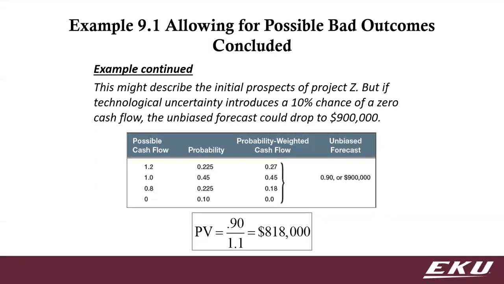Okay. And then what about if there's some chance that they just proportionately knocked it down? There's a 10% chance that they just can't get it done at all, and we get no dollars, right? We can put that in, and then with our unbiased forecast, calculate what the present value of that cash flow would be. And as you see, it would be less in this case because we have that uncertainty.